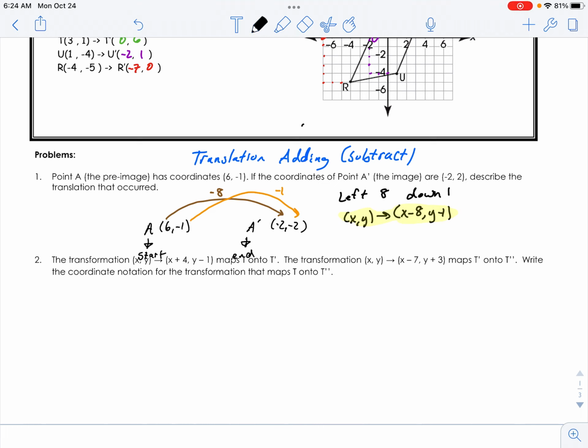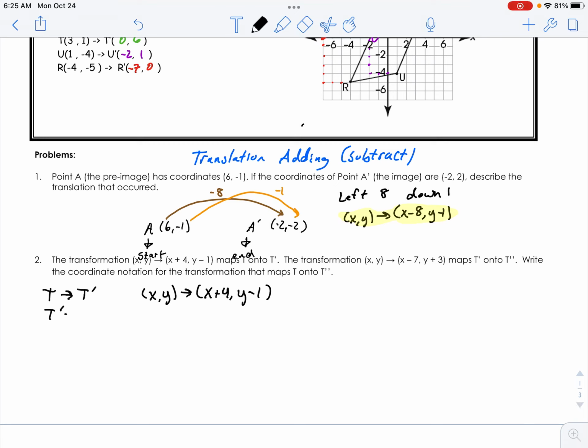All right, in this problem right here, I love this point. I'm just going to take out some information. We got this first one. This maps T to T prime. A transformation x, y, arrow, x plus 4, y minus 1 maps T to T prime.